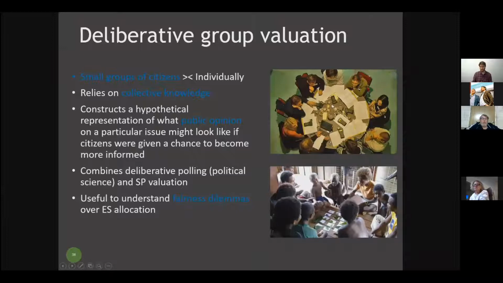And it's assuming that you can put the different stakeholders that are related to a certain piece of nature and a certain issue, and push them to discuss with each other and reach some sort of consensus. And it seems more effective in reaching that sort of consensus value. And it's useful to understand the fairness dilemmas also over different ecosystem services allocation, for example. So it's also a very useful method.